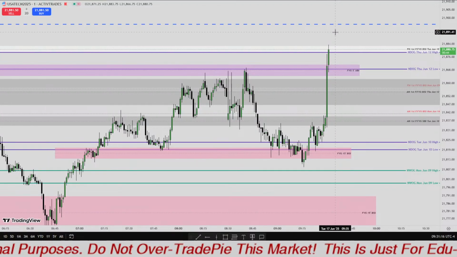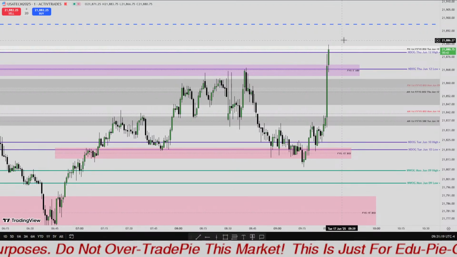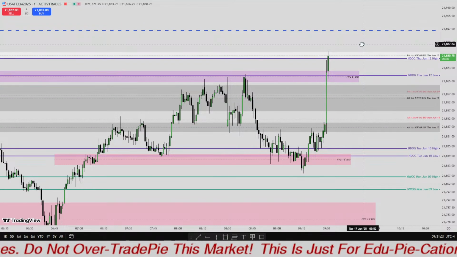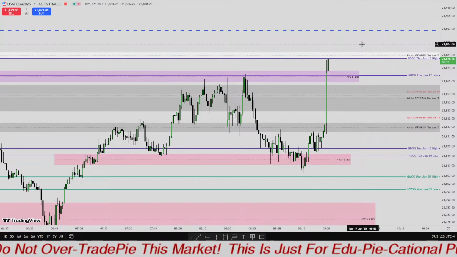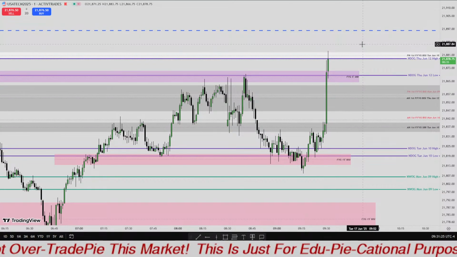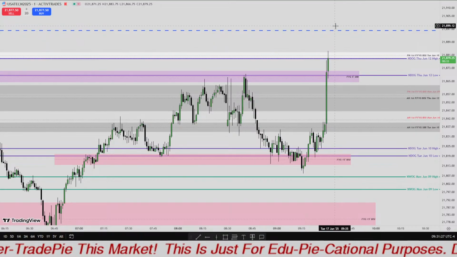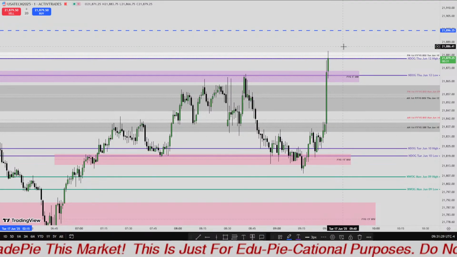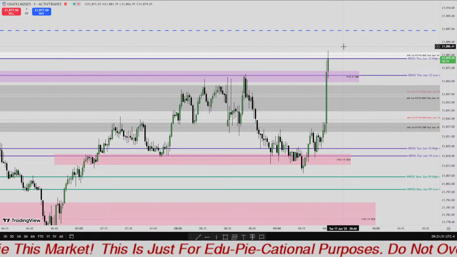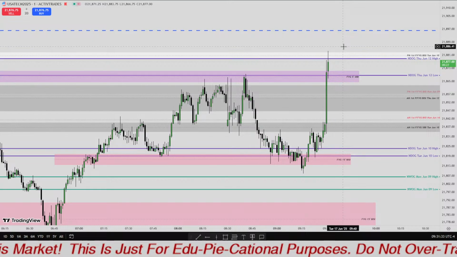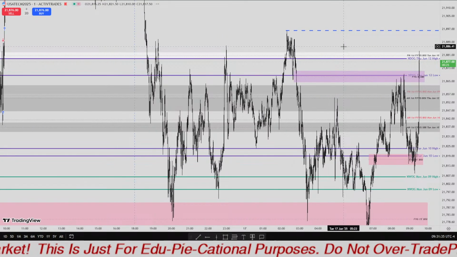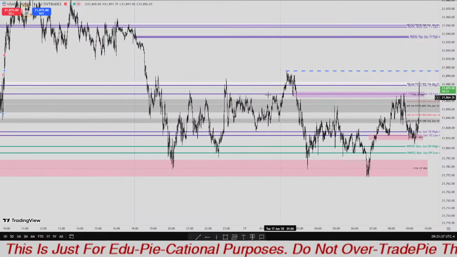It started its run higher, and now you can see we are trading inside the first presented fair value gap of June 10 and very close to this buy side liquidity that I mentioned before the opening bell in the live stream.